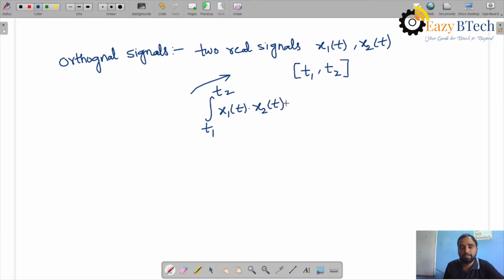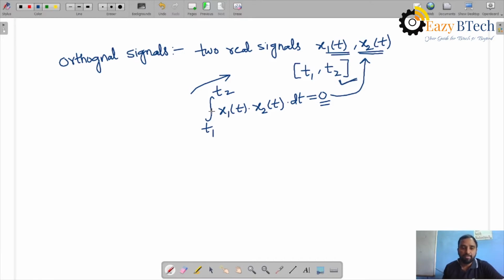If this integral product is 0, then the two given signals x1 of t and x2 of t are orthogonal functions or orthogonal signals over the interval t1 to t2.